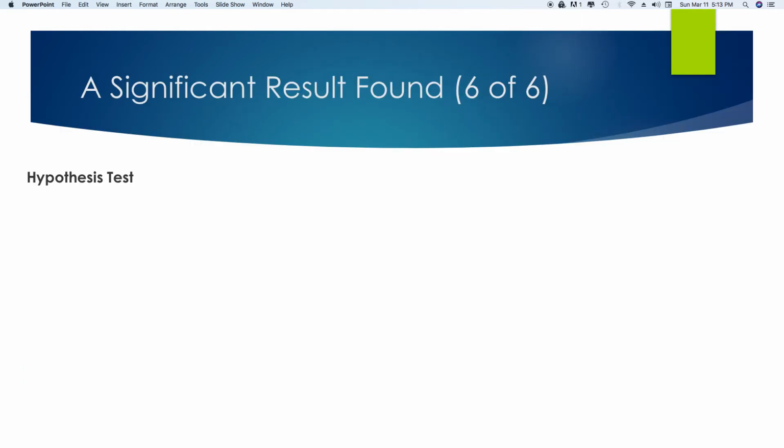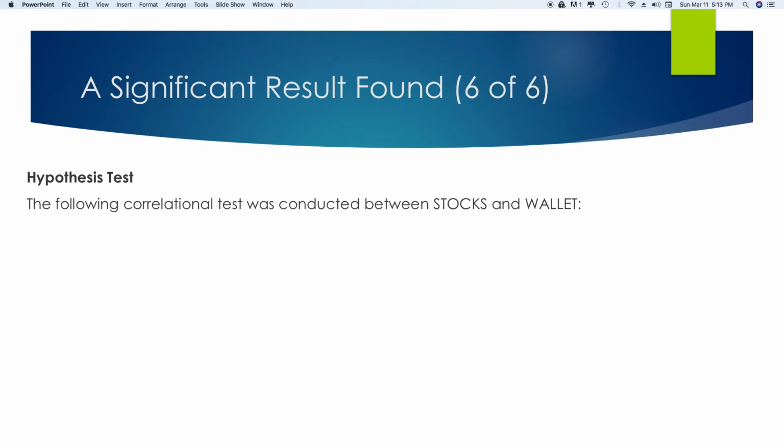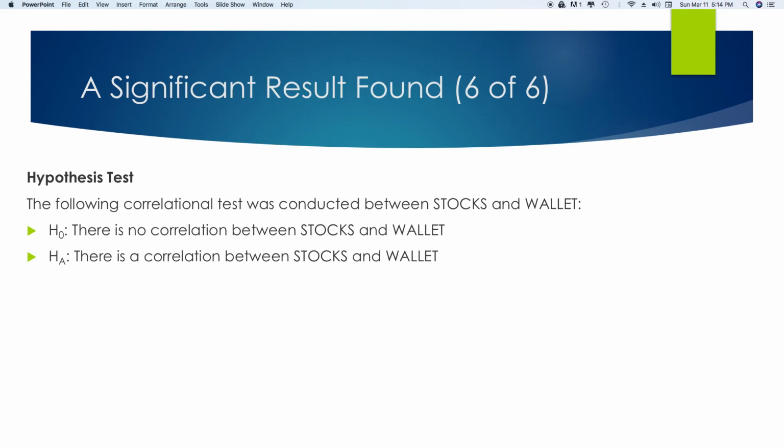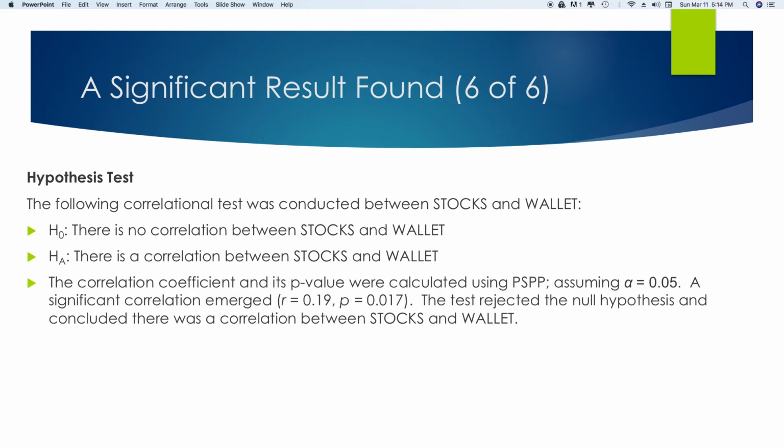Our final significant result was between stocks and wallet. So our null hypothesis would state there is no correlation between stocks and wallet. The alternative, again of course, would state there is a correlation between stocks and wallet. And the output from PSPP gives us this result.